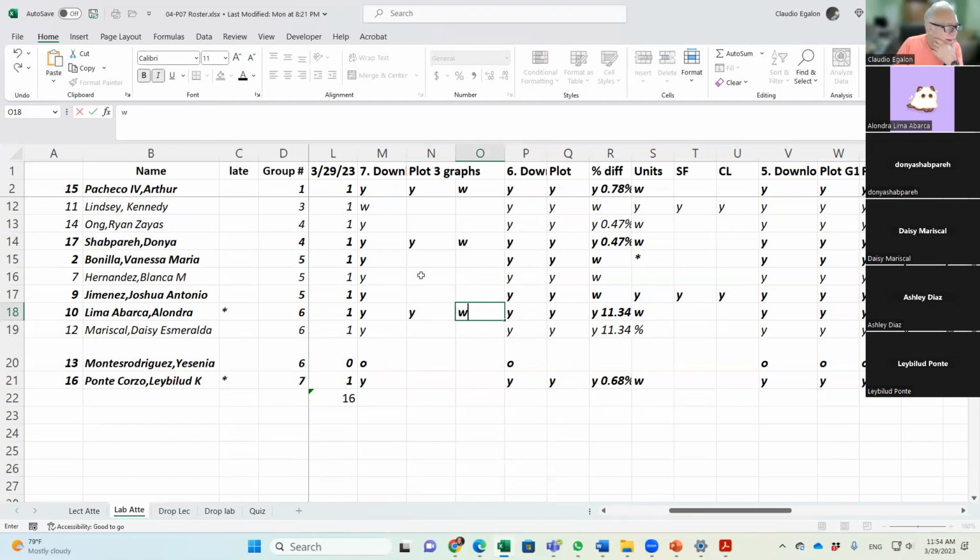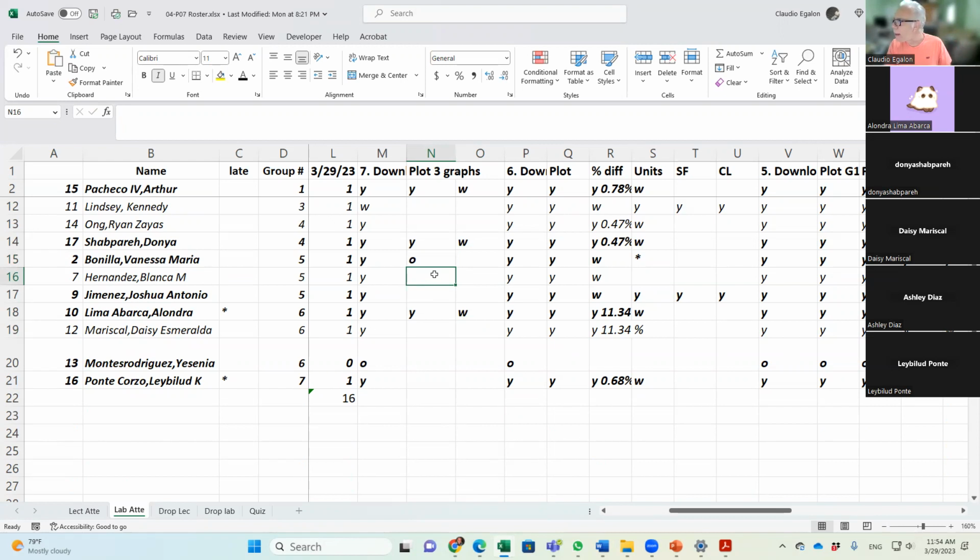Okay, it looks like I skipped group number 5, right? What about Vanessa Bonilla? Did you get all the 3 plots, Vanessa? Vanessa is not here. Okay, and Blanca? Did you plot out the 3 graphs, Blanca?